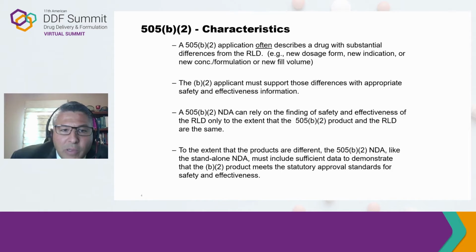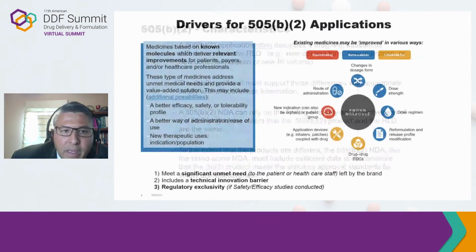The 505(b)(2) relies on the finding of safety and effectiveness of the RLD only to the extent that that 505(b)(2) product and RLD are the same. And to the extent that the products are different, the 505(b)(2) NDA, like the standalone NDA, must include sufficient data to demonstrate that those B2 products meet the approval standards for safety and effectiveness.